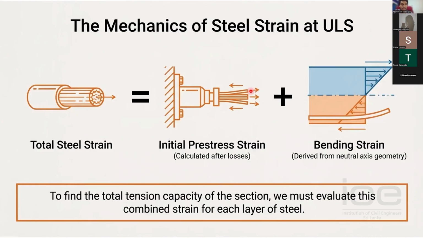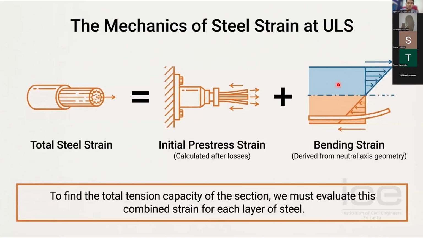However, initially, due to the applied stress, the reinforcement will be subjected to initial pre-stress strain. So apart from the bending strain, the deformation due to the bending, you will have to add the initial strain due to pre-stress as well. So that is the only difference. Once you add the two strains, you will get the total strain in the steel as well as the total strain in the concrete.